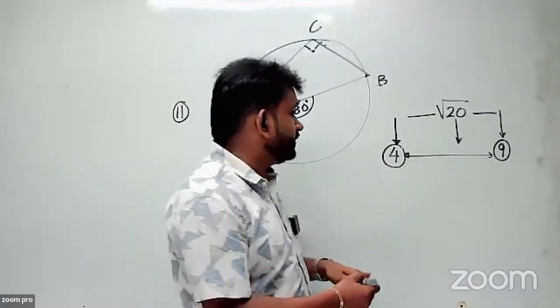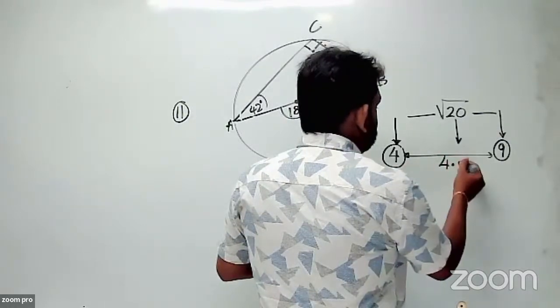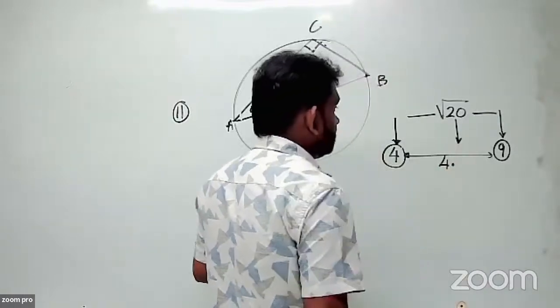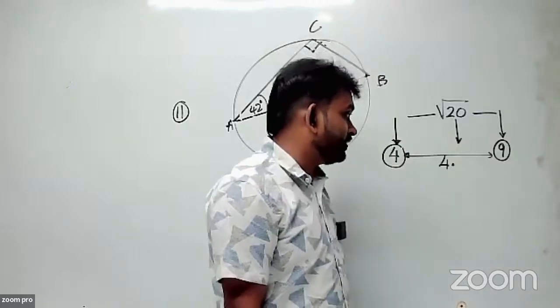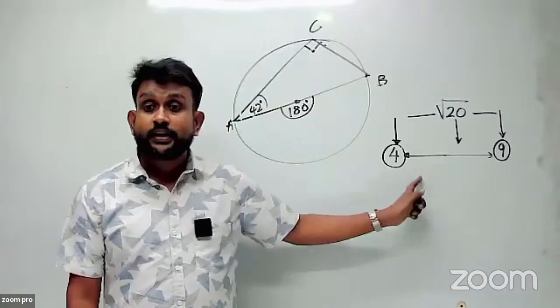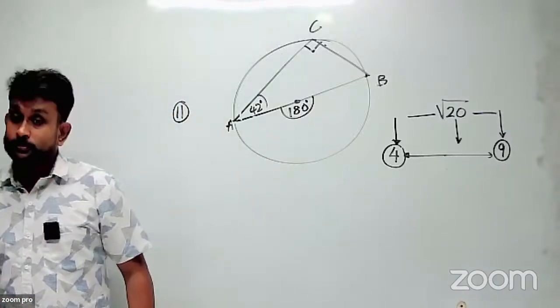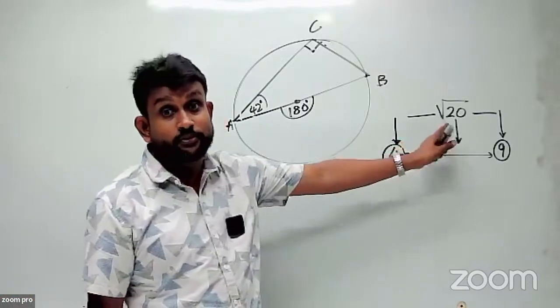So square root 20 is 4 point something, right? So it is between the perfect squares 4 and 9. So that is also acceptable, but in this question, the correct answer should be this one, 4 and 9, because they are asking root 20, not 20.